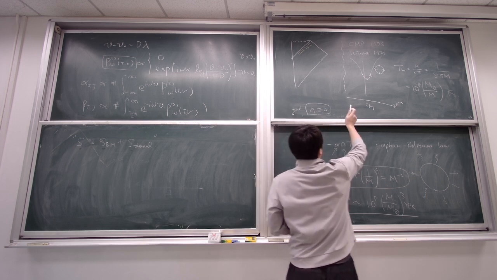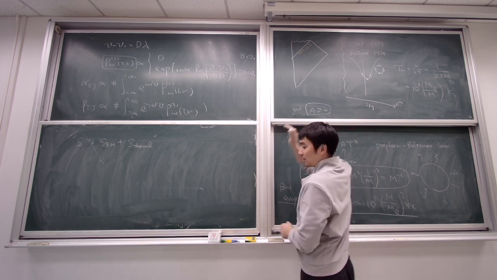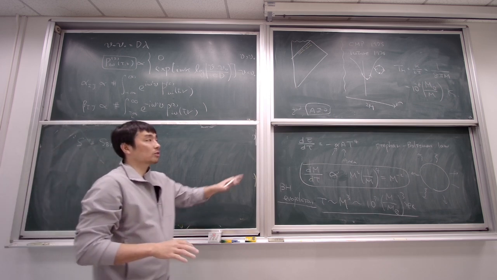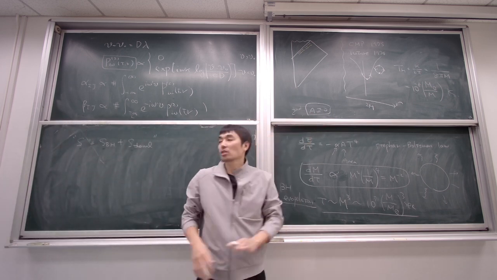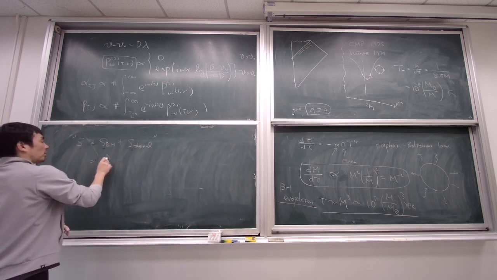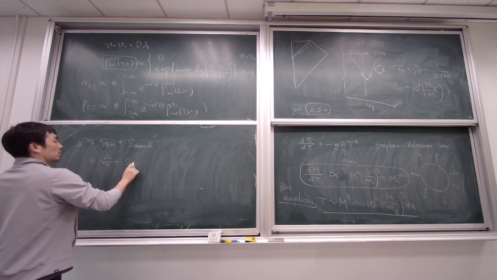So this is really thermodynamic. I mean, it doesn't include any quantum effect. It's a microscopic effect for this one. So here, this one is equal to area divided by 4 plus the thermodynamic thermal entropy.